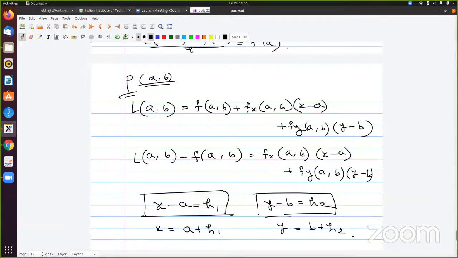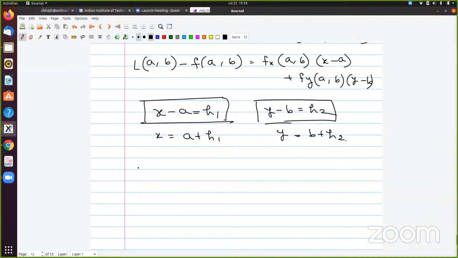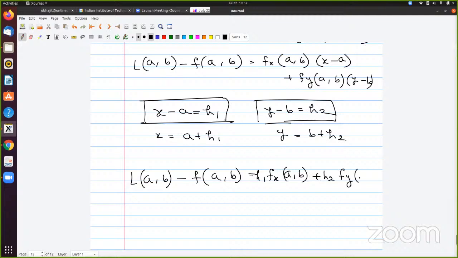So L at a, b remains as it is, and what we are getting is L at a, b minus f at a, b equal to fx at a, b times h1 plus h2 times fy at a, b. That means h1, h2, if we take it as a vector, dotted with the gradient of f at a comma b. Correct? That's what we can write.